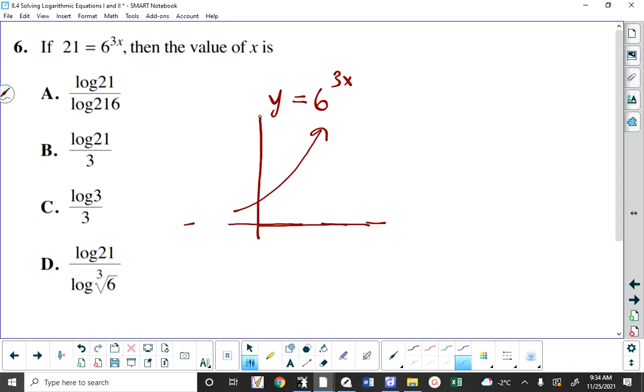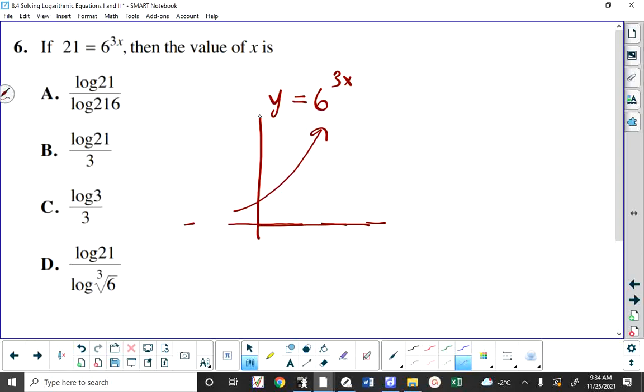The fact that it's 6, everybody, and I'm using this opportunity to review some basic properties from the beginning of the unit. The fact that the base is 6 means y is going to be multiplied by 6 regularly, so it's going to grow really, really rapidly. The 3 in front of the x does something horizontally to the graph, but it doesn't affect the basic behavior.